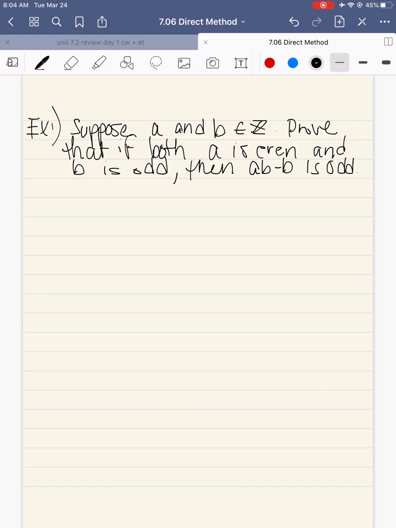So again, our proof method here, if we have an if-then statement, we assume the if part and we try to prove the then part. So we just start with proof. So assume A is even and B is odd.